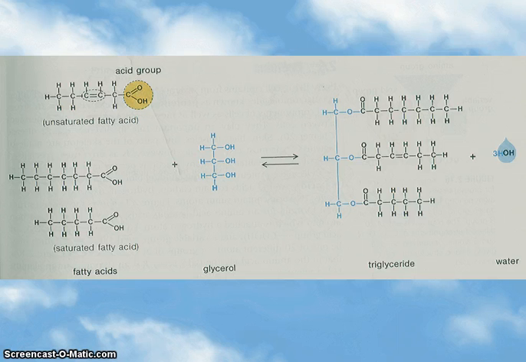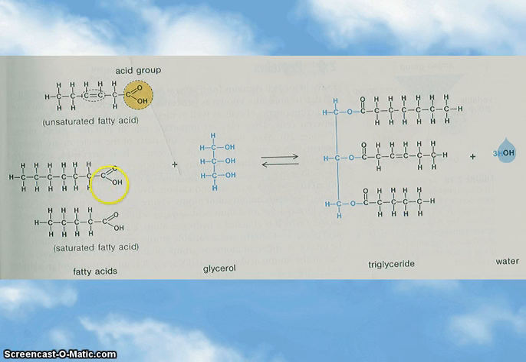What we're going to see when these glycerol molecules and fatty acid molecules bond together is a process called dehydration synthesis. We're going to lose an OH off of our acid and a hydrogen off of our glycerol. That hydrogen and OH is going to form a water molecule, and a bond is going to form between the glycerol and the fatty acid.